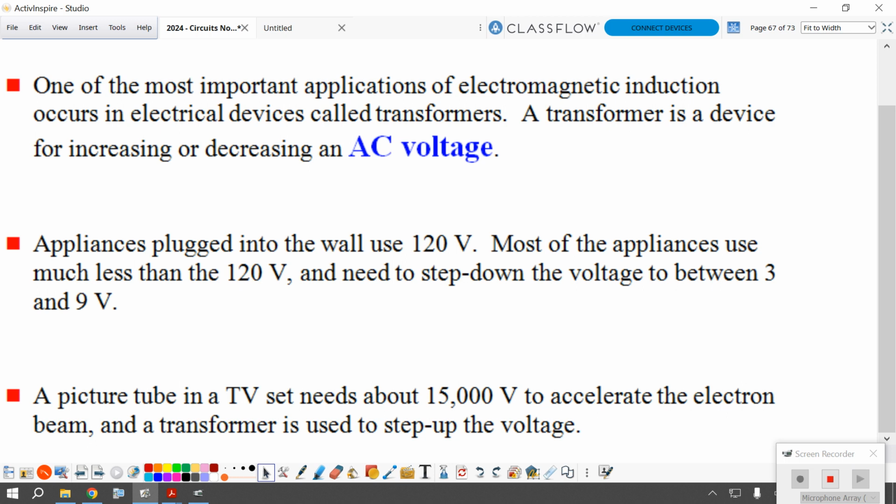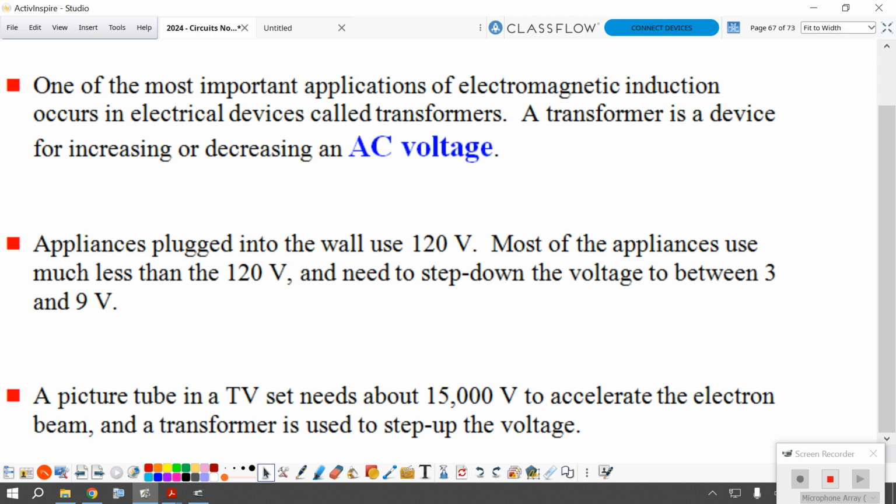Now, in our house, hopefully you remember this from way back at the beginning of circuits, everything that you plug into the wall gets very close to 120 volts. Okay? It's not perfect, but it gets very close to that. But here's the thing. Do you think that most devices that we use take 120 volts? No. You plug your phone into the wall. Are you using 120 volts all the way to your phone? No. Okay?